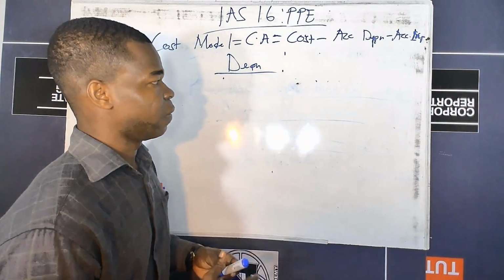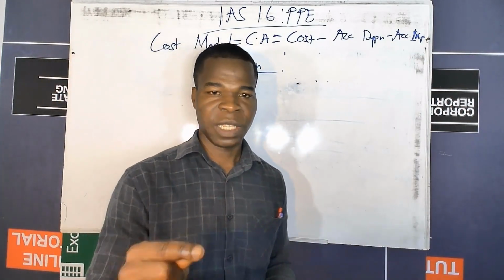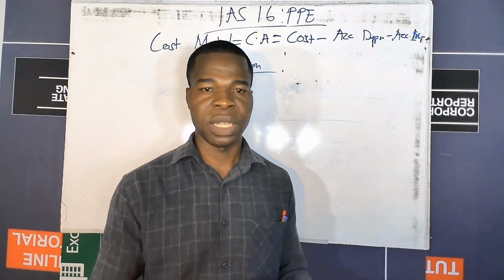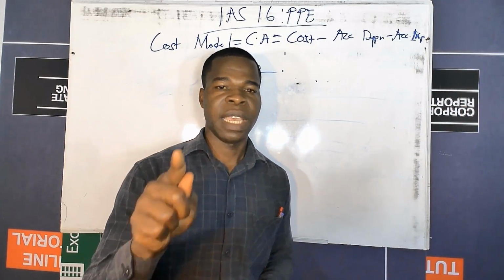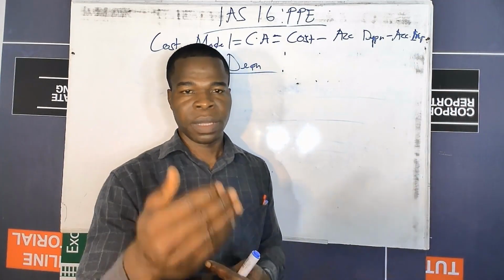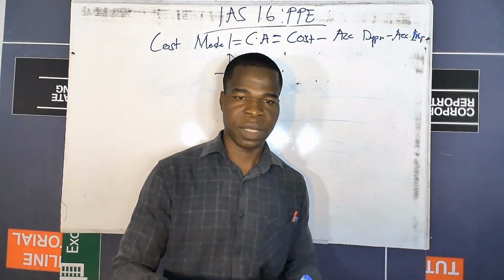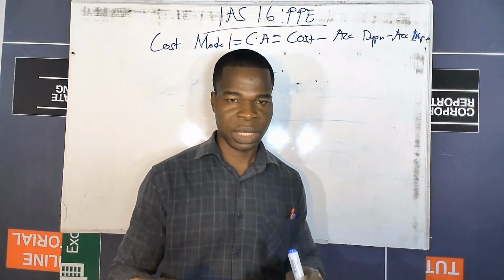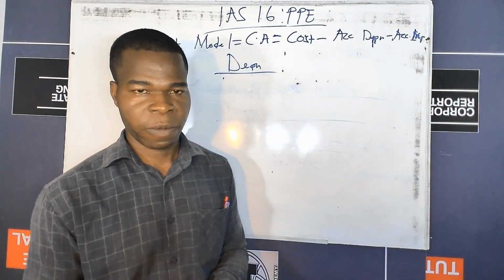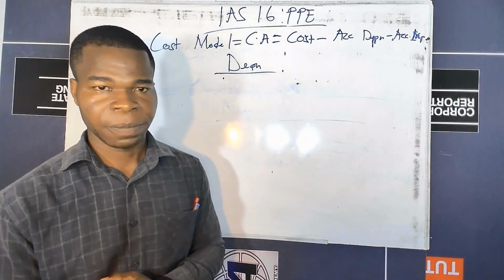That means that if the asset becomes idle or it is not being used, it doesn't mean that you should cease depreciation. You have to continue to depreciate the asset. It's only when the asset has been classified as a non-current asset held for sale, or when its economic benefit has been fully utilized or enjoyed, or when the asset has been disposed of by the entity. That is when you are supposed to cease depreciation.